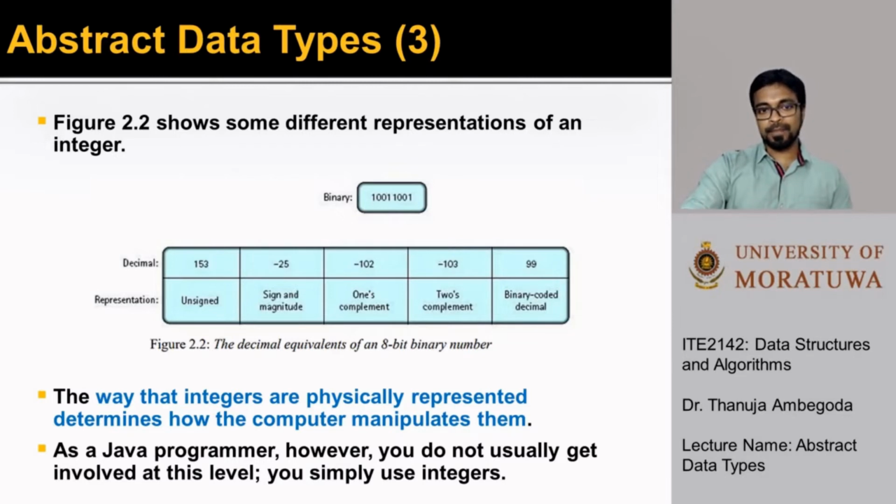So the way that the integers are physically represented in the memory determines how the computer manipulates them. Sometimes you have compilers for compiled languages, and for interpreted languages, you have interpreters. However, as a Java programmer, you do not usually get involved at this level. You just simply define integers and then work with them in your computer programs.